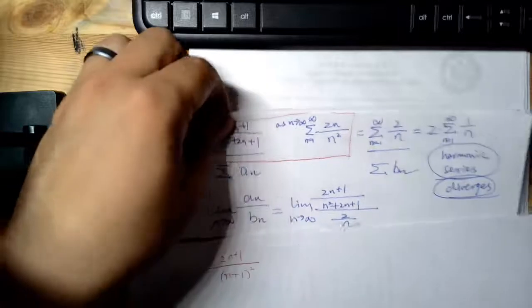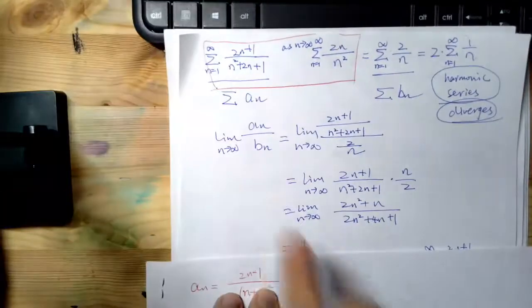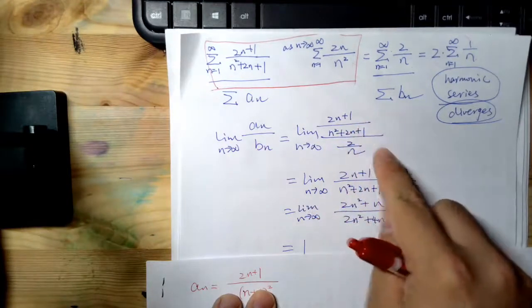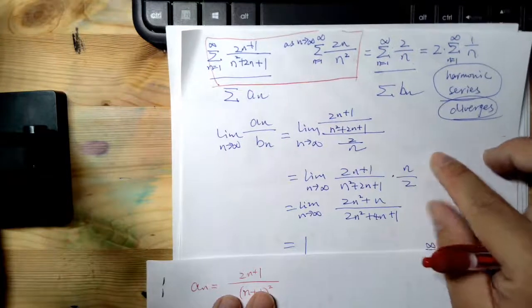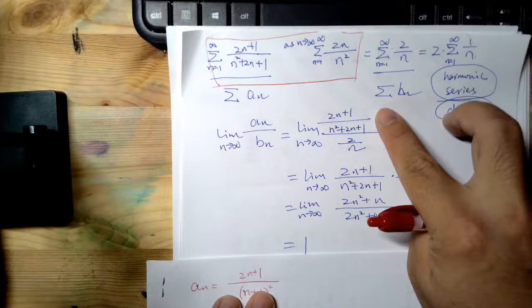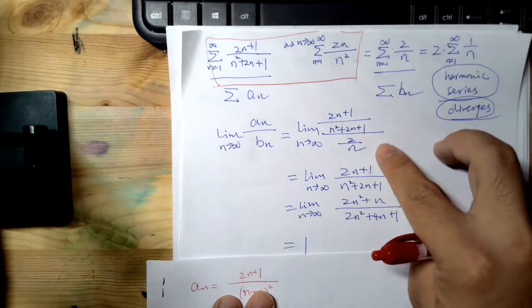Keep in mind that I just verified the limit of a_n over b_n, which is (2n plus 1) over (n squared plus 2n plus 1), over 2 over n.